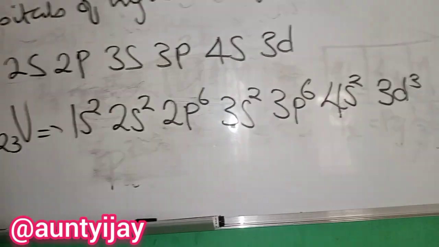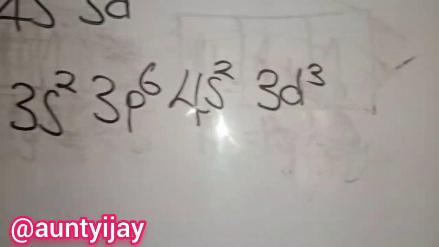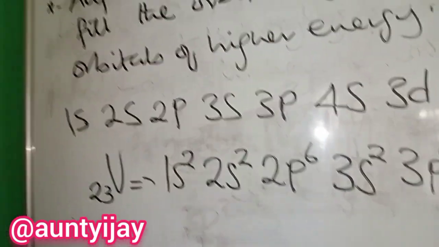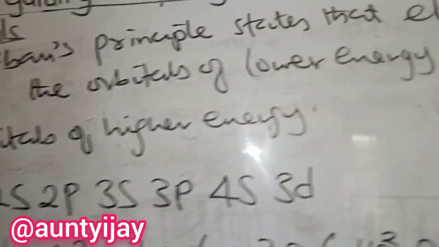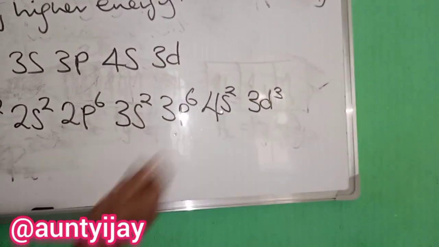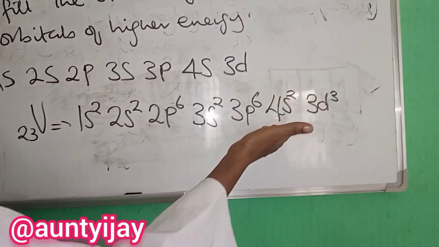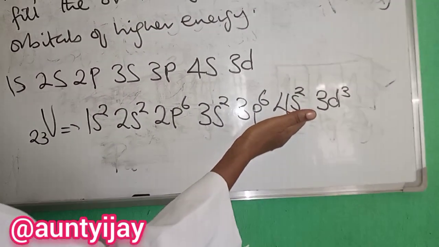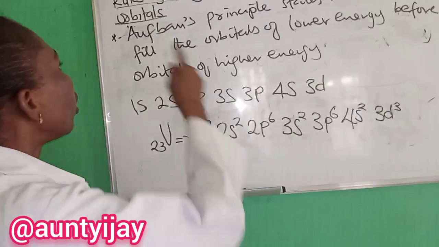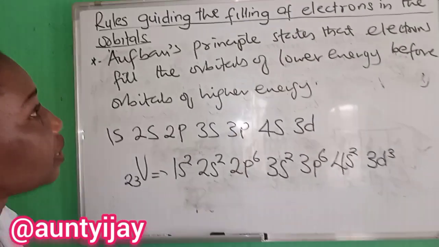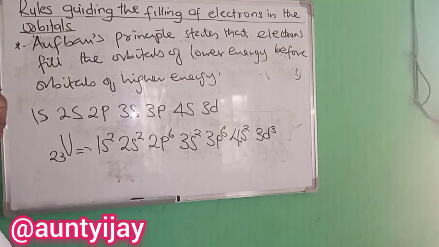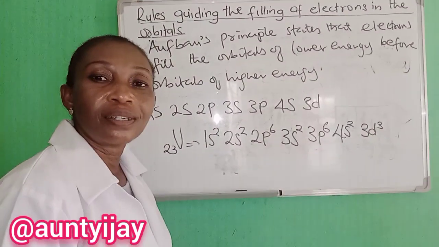Recall that 3d orbital is in the third shell, and 4s orbital is in the fourth shell. But 4s orbital is of lower energy than 3d orbital. That's why we fill 4s orbital before moving to 3d orbital, according to Aufbau's principle that states that electrons fill the orbitals of lower energy before orbitals of higher energy.